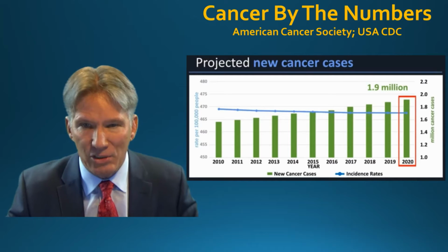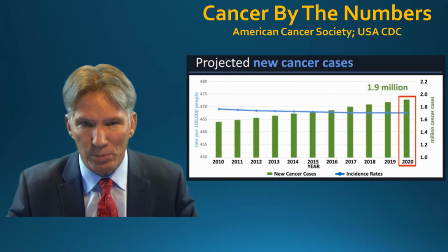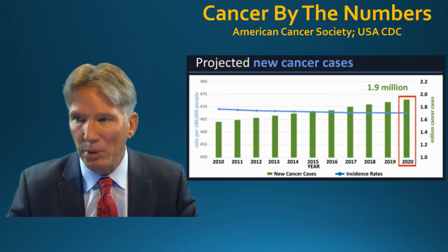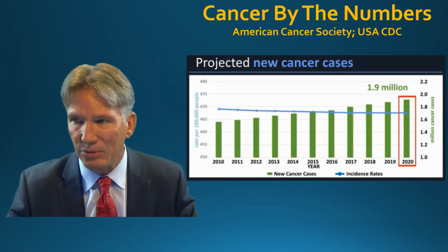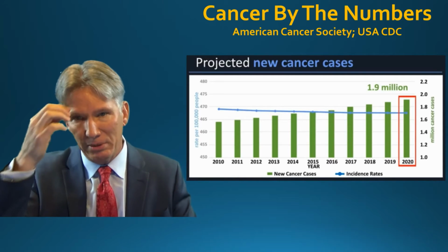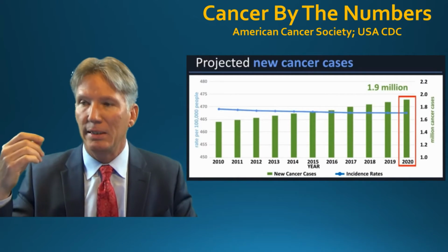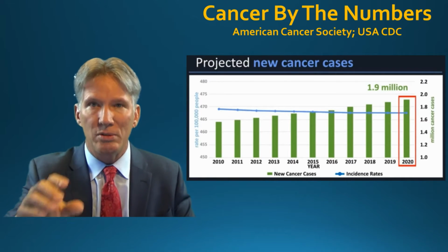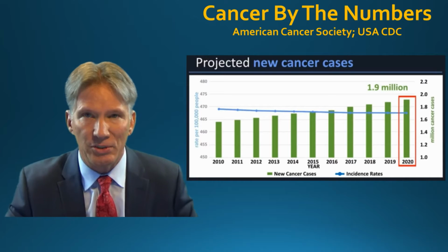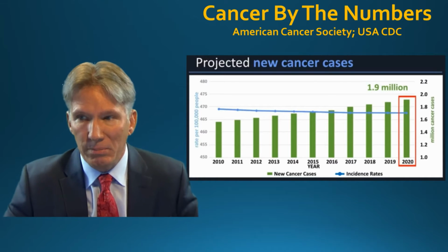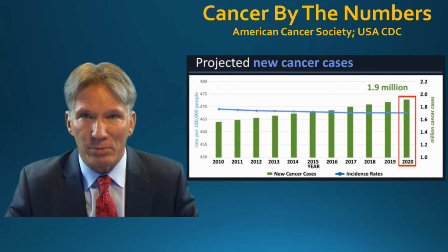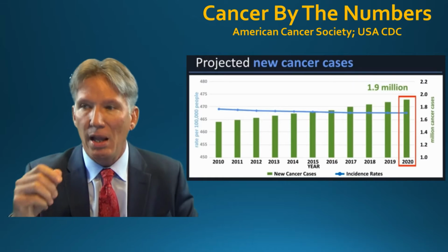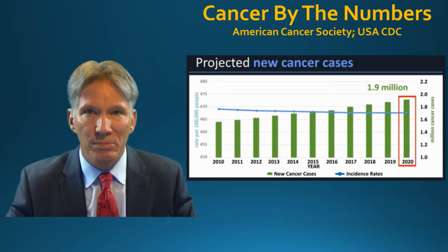Between 2010 and 2020, almost 2 million new cases of cancer are projected to happen. What does this mean? This means that conventionally trained medical doctors, who hold sway over the research, development and delivery of medical treatments, are lousy at treating cancer.